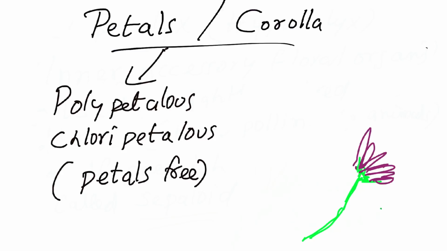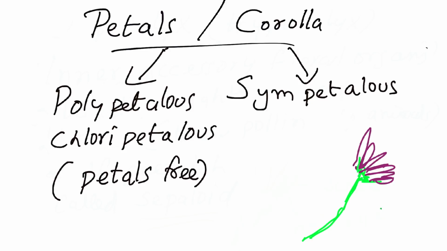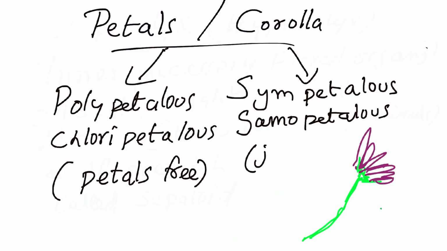And of course, the other case is Sympetalous or Gamopetalous, which basically means that the component petals are joined or fused. That is, they stay merged together, as if the petals look like a single unit. So in Sympetalous or Gamopetalous, we are dealing with joined or fused petals.